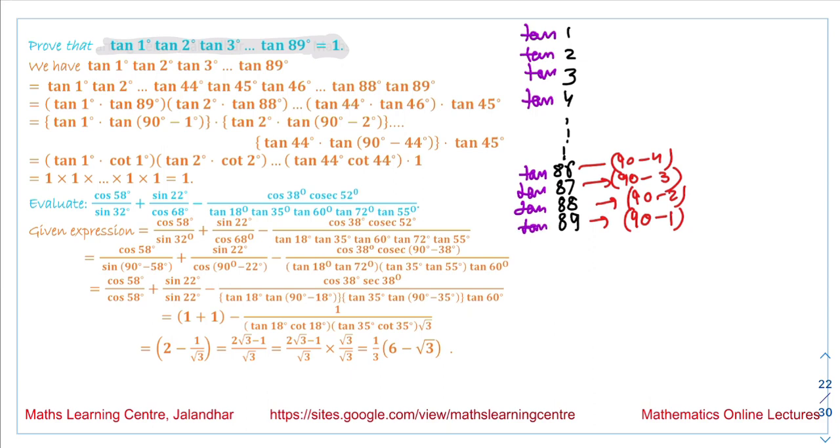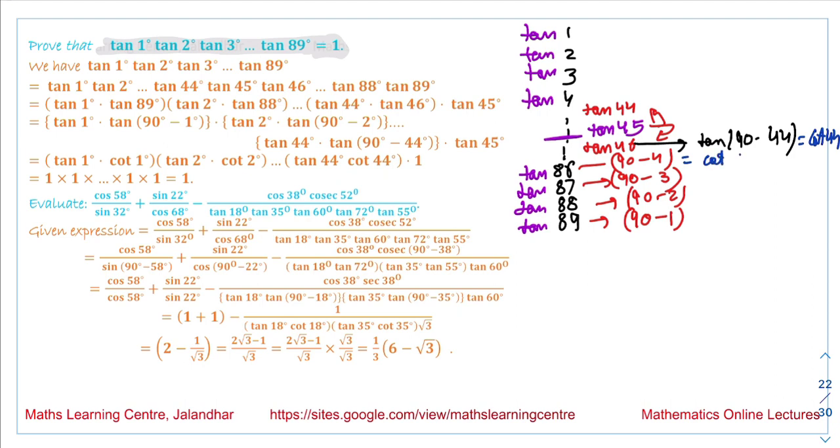So in between these values over here, the value will be tan 45. Above it, it is tan of 44, and below it, it is tan of 46. This tan of 46 we can write as tan of 90 minus 44, which is cot of 44.